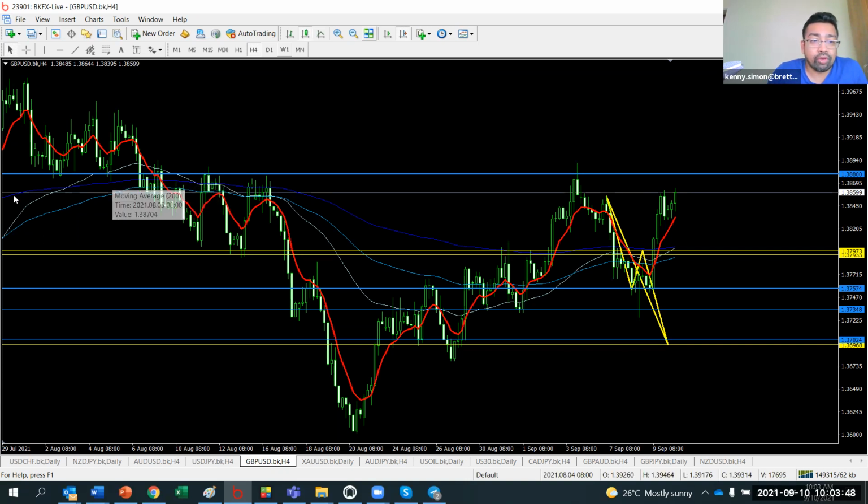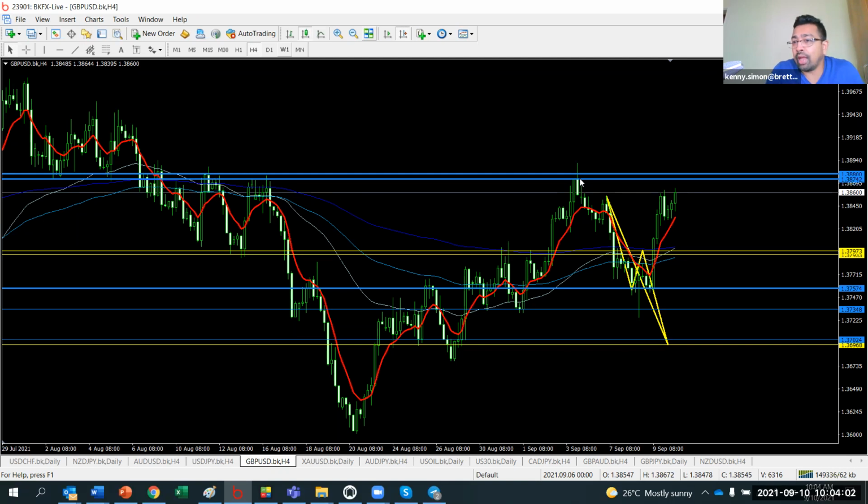You've got some more, and that does confirm it's quite a significant area of resistance. We've also got the opening price of a mother candle, the closing price of a bullish mother candle, and that was at 3874. So that is probably a place you can also exit, or you can exit earlier at 3870.